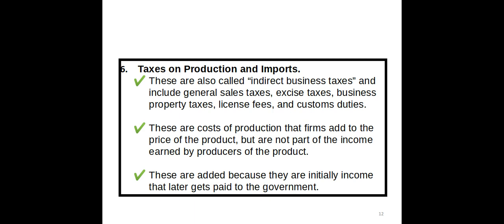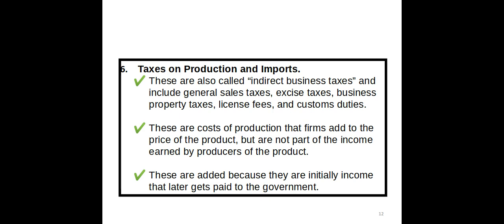And then there are the taxes on production and imports. These are what we call indirect business taxes. These are things like the sales tax, excise tax, business property tax, all the things that we are paying to the government. And by we, I mean businesses. Sorry. And those are flows of income.